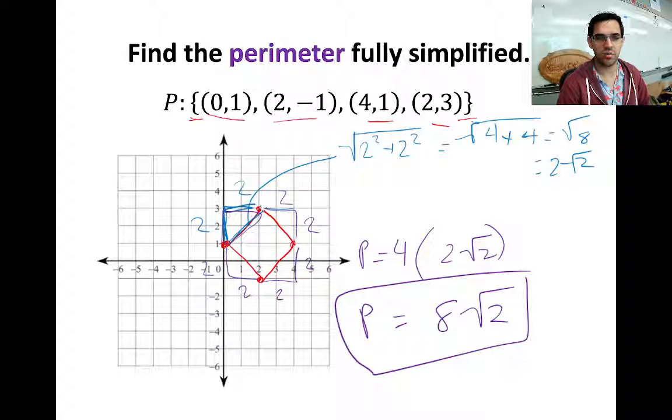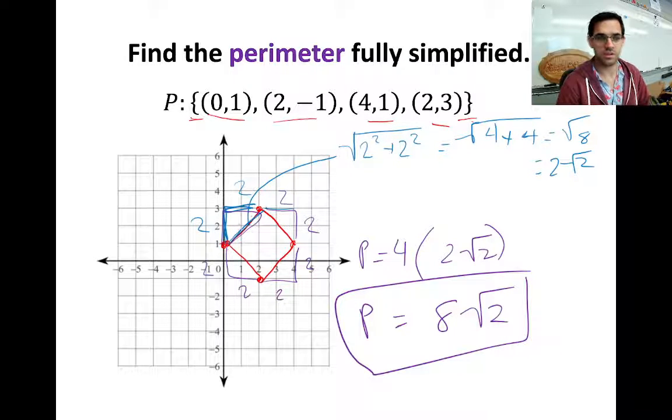Right here in blue, I have a right triangle, and you can easily see it goes up 2, right 2. So we have a right triangle with legs of length 2, and the hypotenuse is unknown, but it is also the length of the side of that original red shape that we're trying to find the perimeter of.